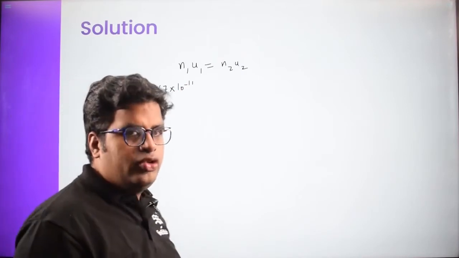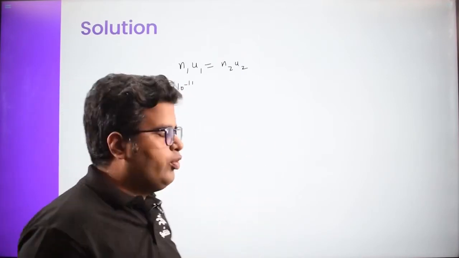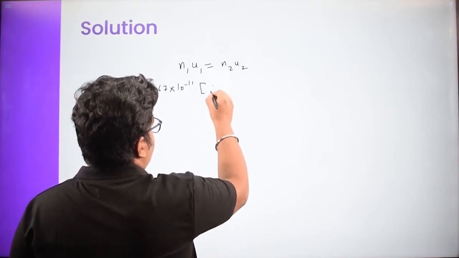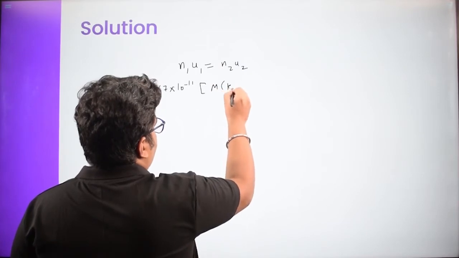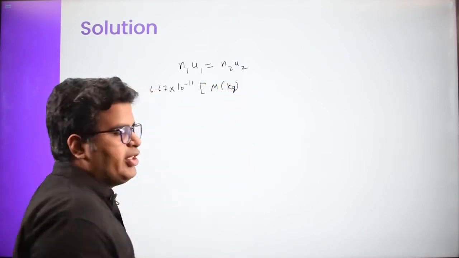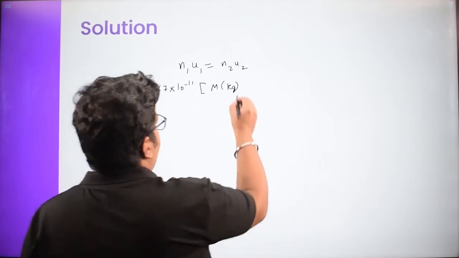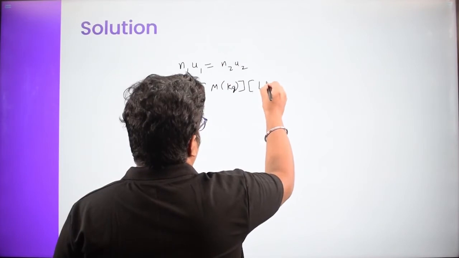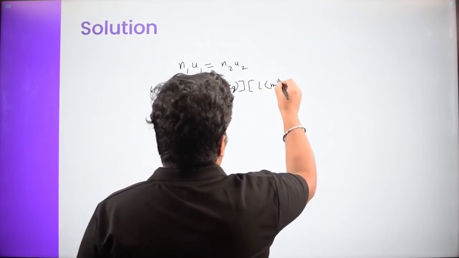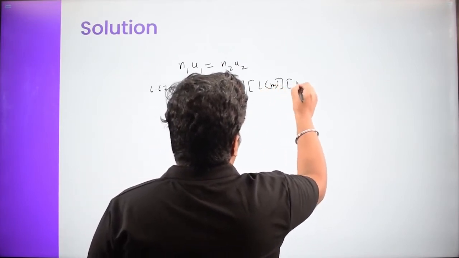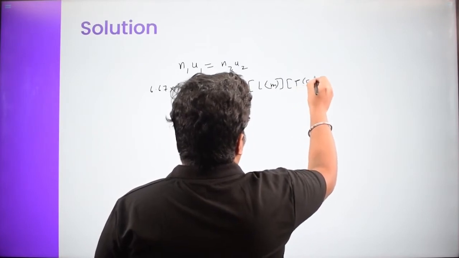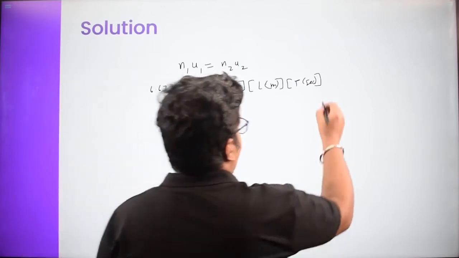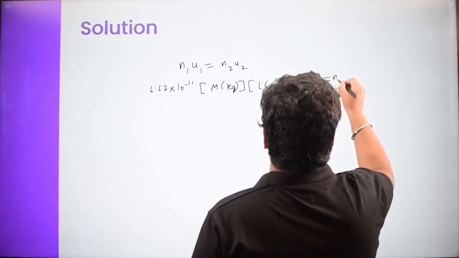Now units: if you want to answer with the dimensions of gravitational constant, mass will be represented in kg, so we'll have M in kg, then L in meter, and time in second, right? So first we'll write in this way, that is the MKS system, and we have to find its value in the CGS system, that is n2.